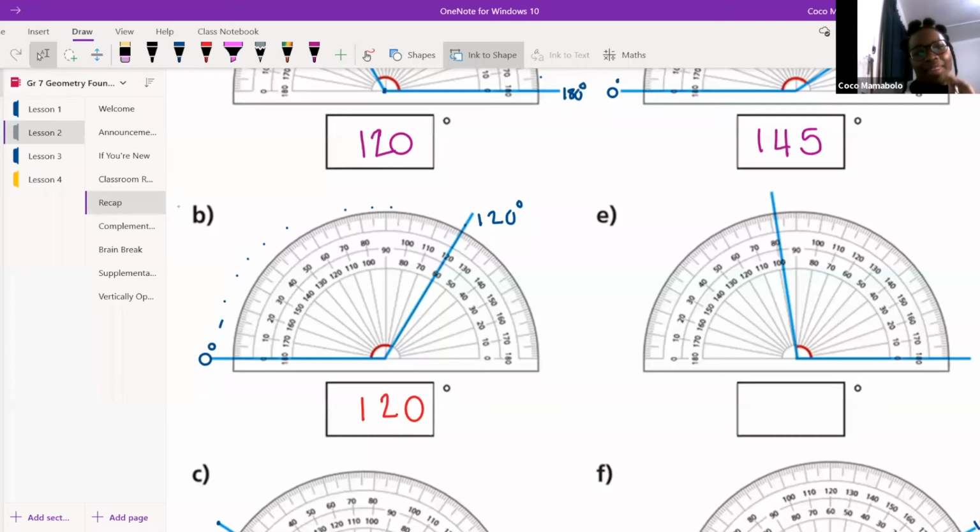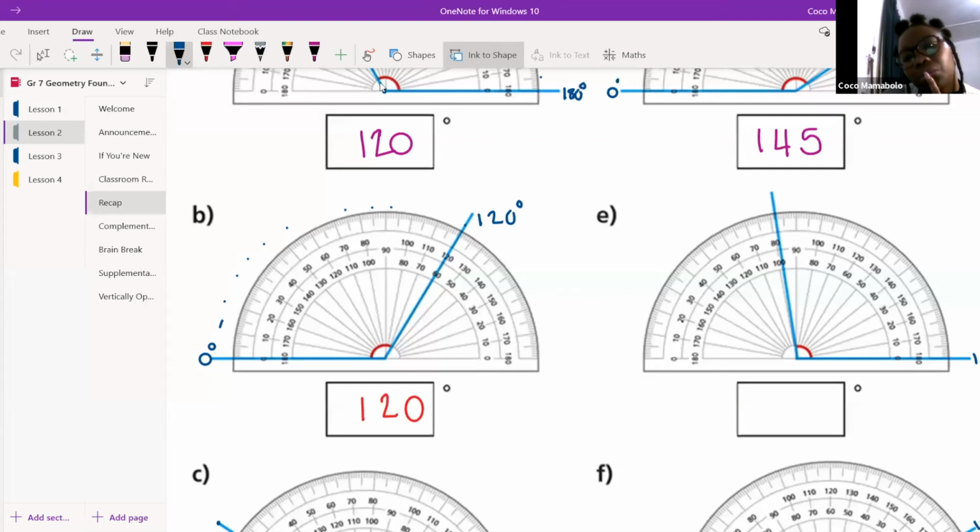Thank you. Buche, do you want to do E with me? All right. So where did we start measuring this angle from? Ma'am, you start measuring the angle from 180. Good. And where do we go to? Where did the line stop?